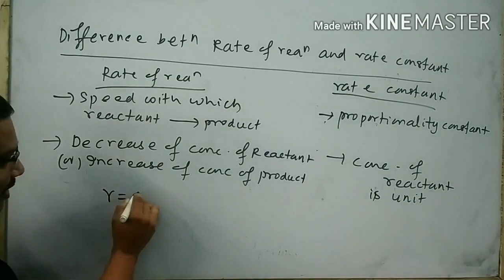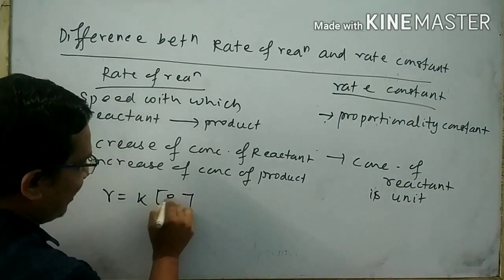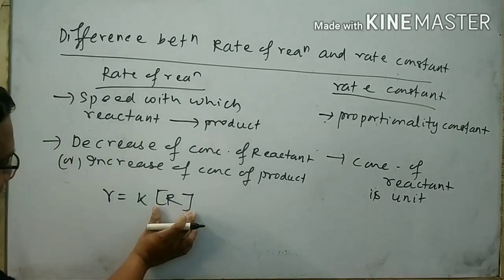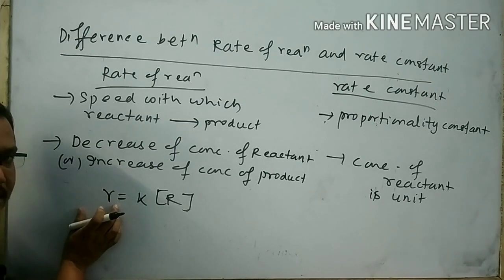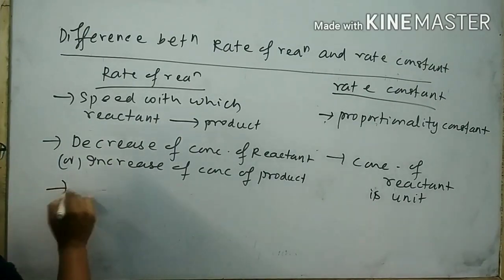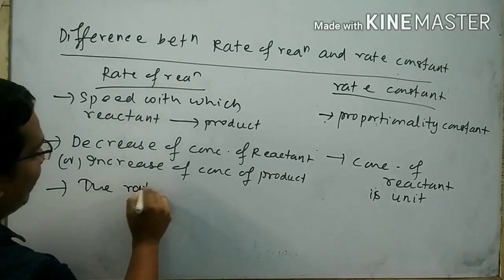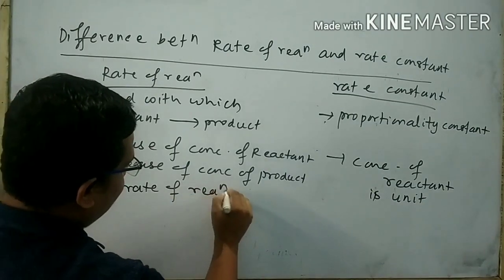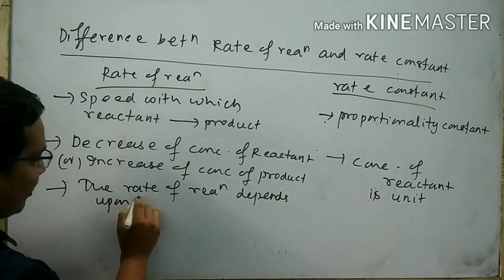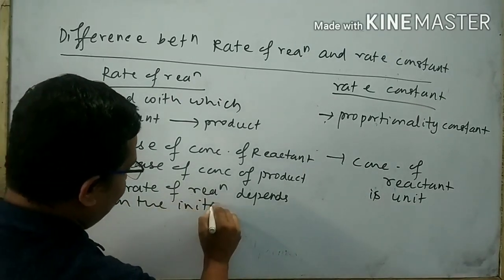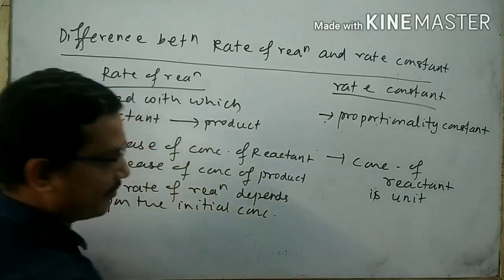We know that R is equal to K into concentration of the reactant. If the initial concentration of the reactant changes, then the value of R changes. So we can write that the rate of reaction depends upon the initial concentration.